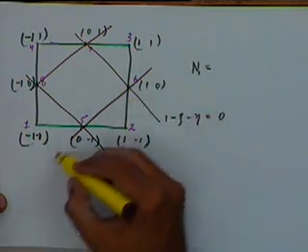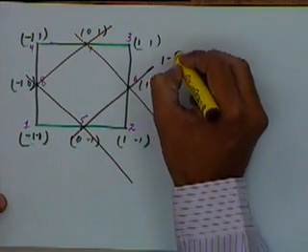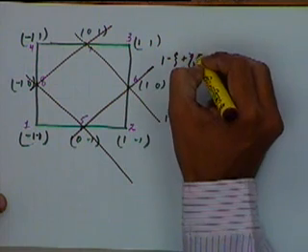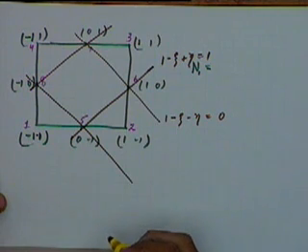Similarly, if you consider this straight line, this will have the equation 1 minus zeta plus eta equal to 0.